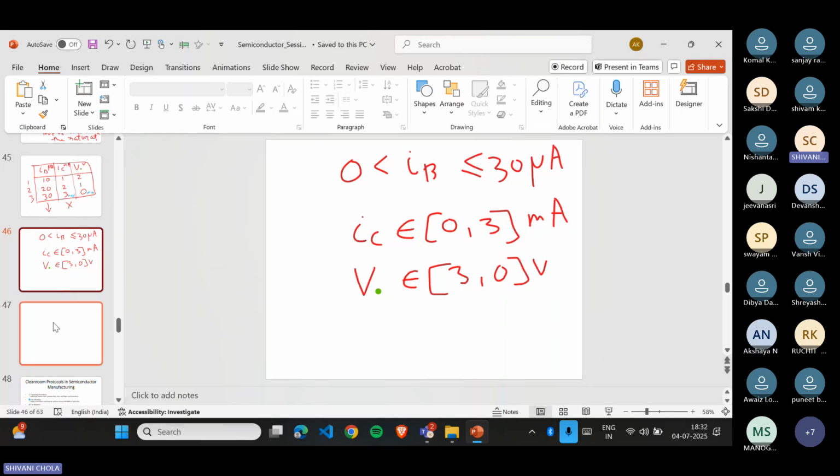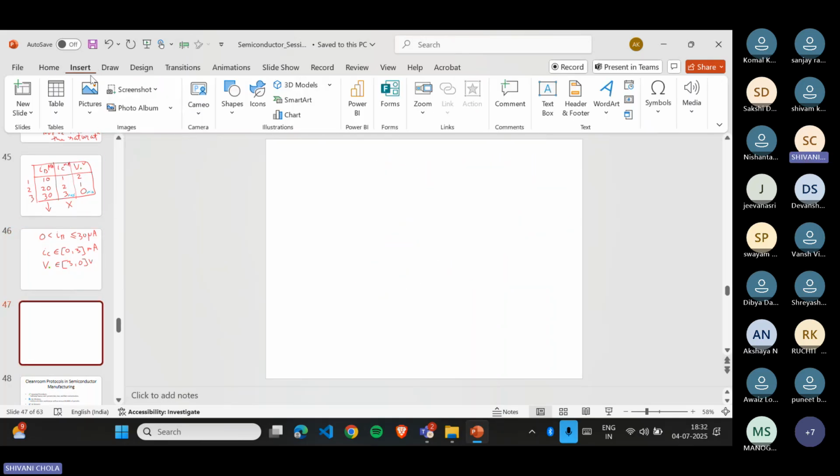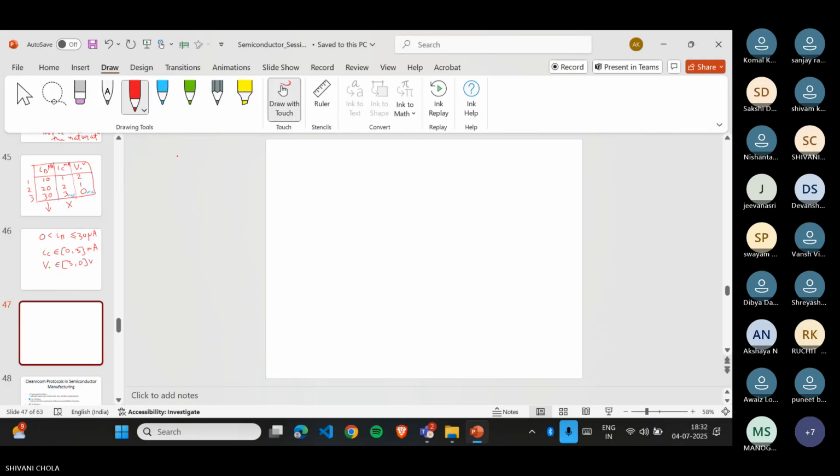Now let's have a look at the relationship between V input and V output. We have one relation, right? The relationship between IC and IB. Like IC, the current through the collector, is beta times IB.